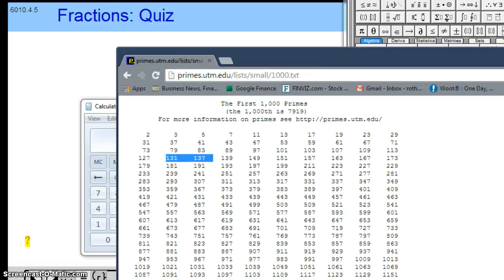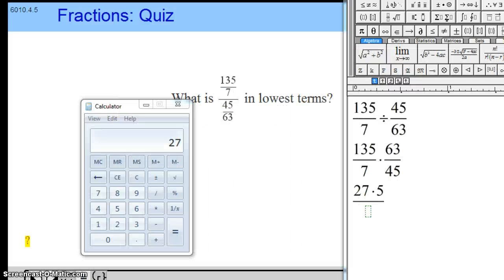No, it's not. And again, if you know your times tables pretty well, 9 times 3 is 27. So we'll break this up again into its prime factors. If you don't believe me, divide 27 by 9, you get 3. So 135 is the product of 9, 3, and 5. You can check that on your calculator.